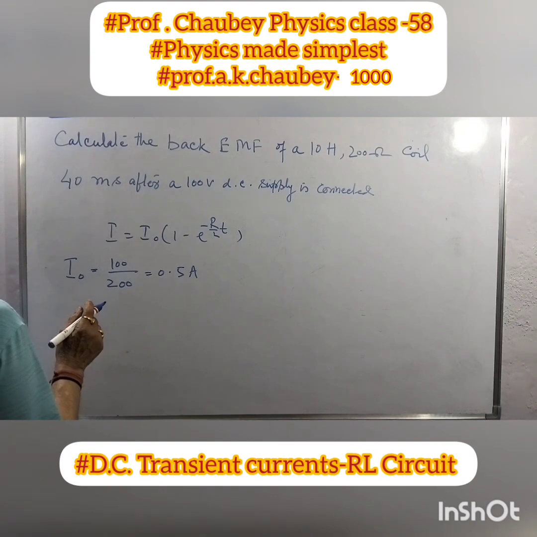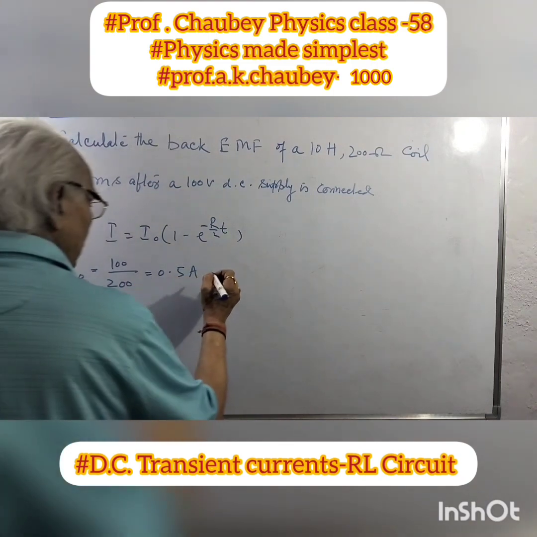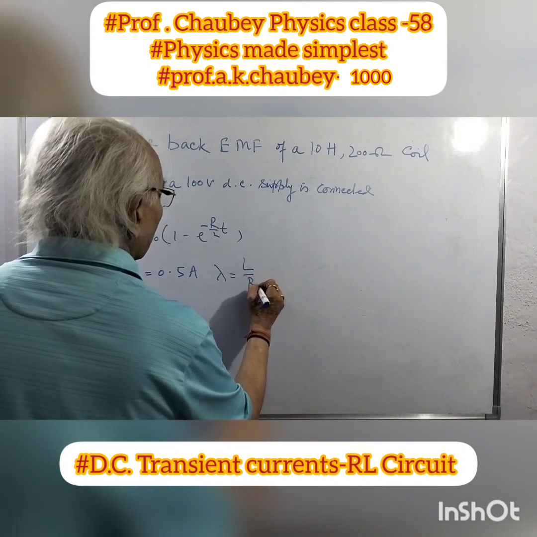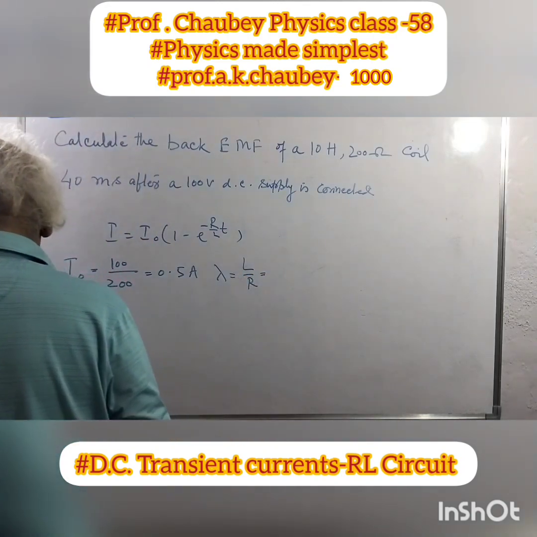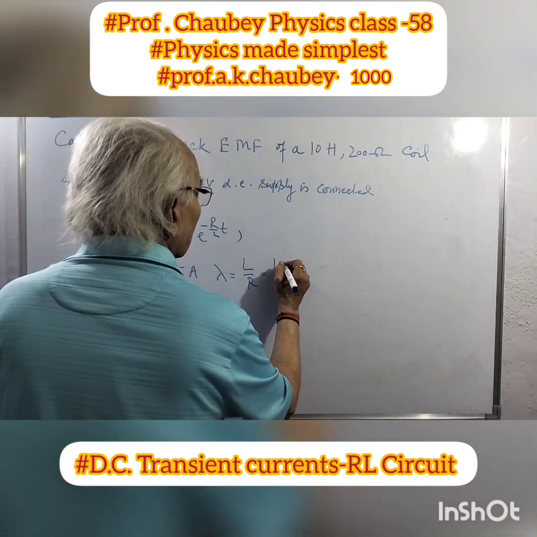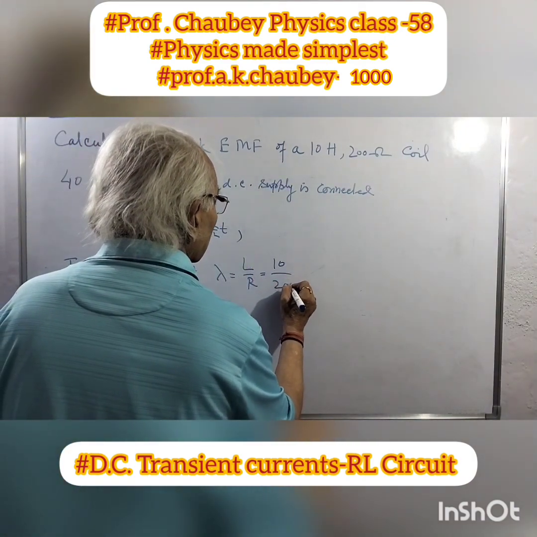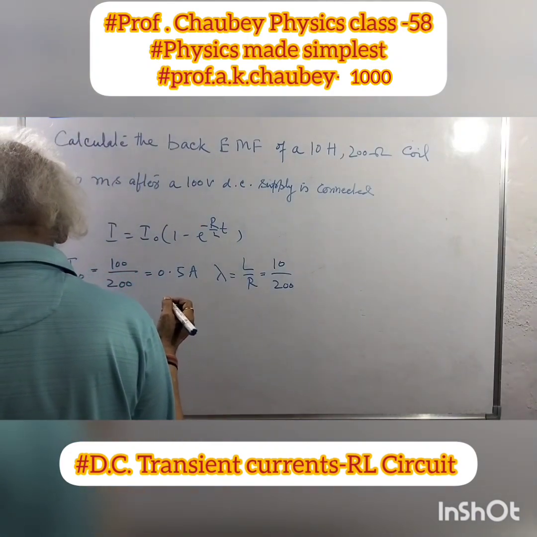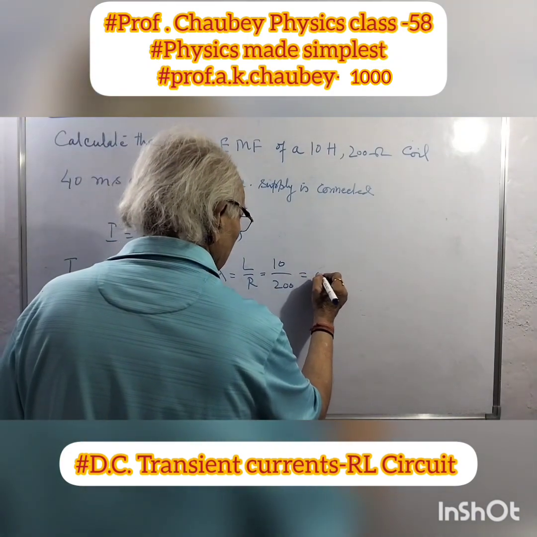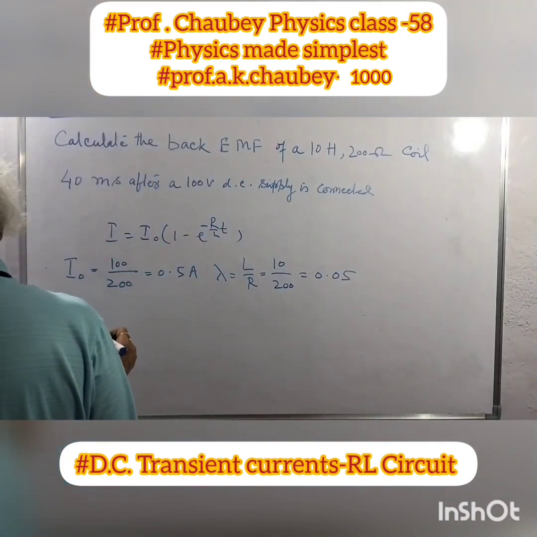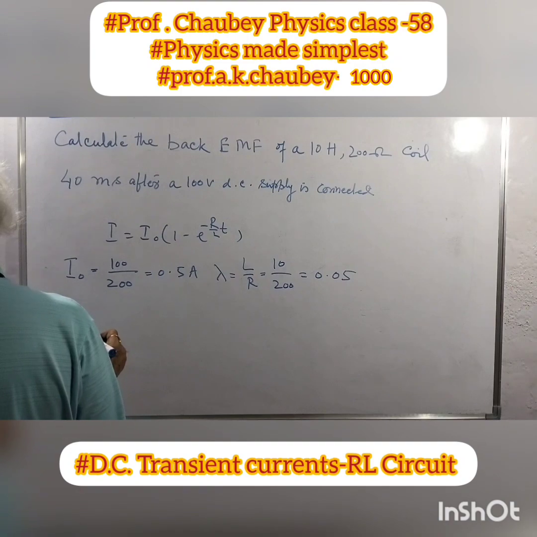The maximum current is like this. Lambda is equal to L by R, the time constant. So L by R is 10 over 200, which means 0.05 seconds.